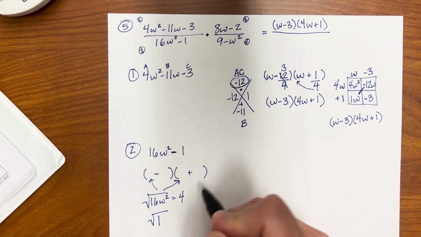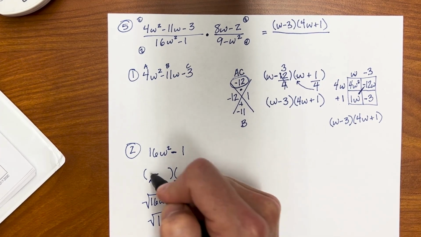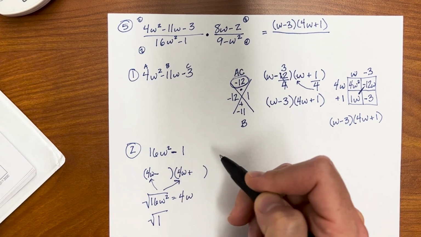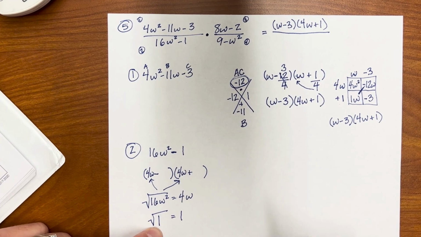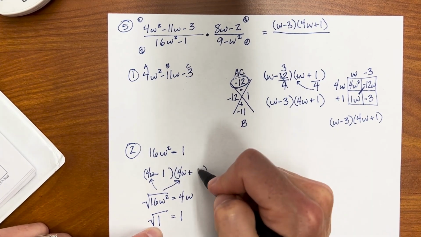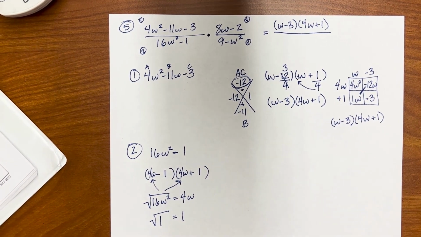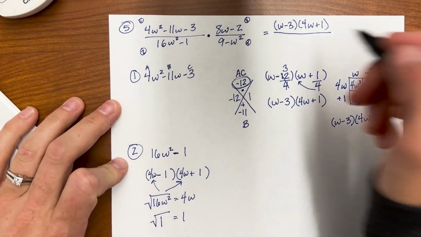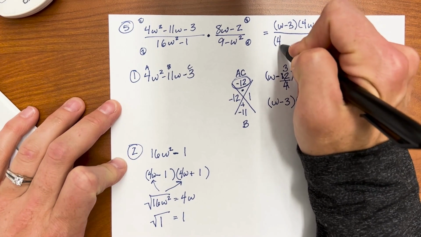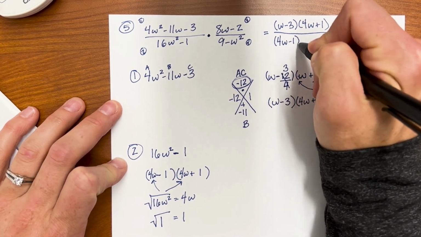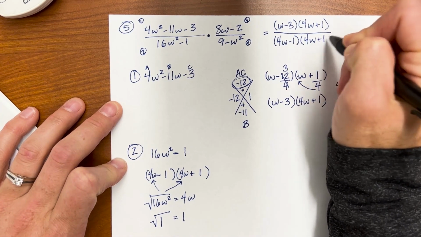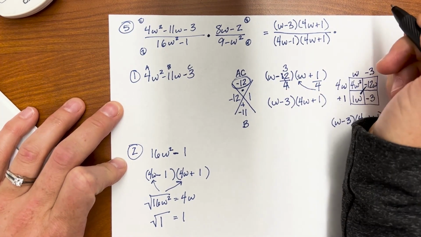The square root of W squared is just W. So the first term here is 4W. And then the square root of 1 is just 1. Minus 1, plus 1. So that is now in its simplest form. There's nothing else I can do. So 4W minus 1, 4W plus 1. Okay, got my second box done.